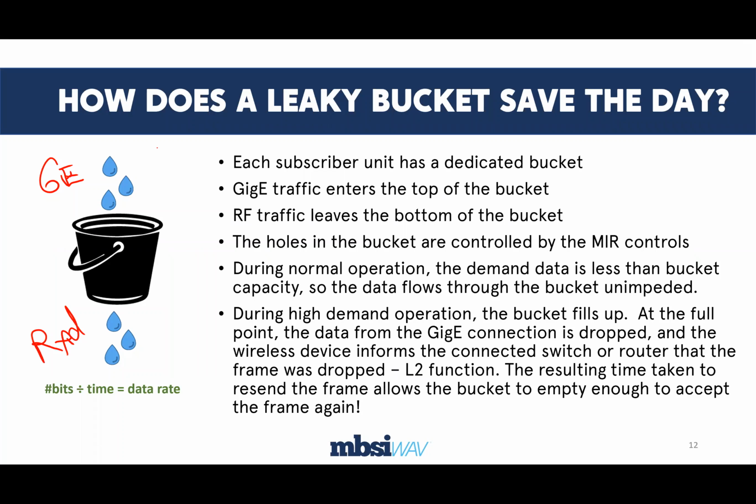I have mutual capacity into the top of my bucket, a big open space. And then I have simply smaller holes in the bottom of the bucket so that I can leak my data out at a controlled rate, so that I'm not going to swamp my RF link. I'm going to maintain a data rate that I can support over the air.